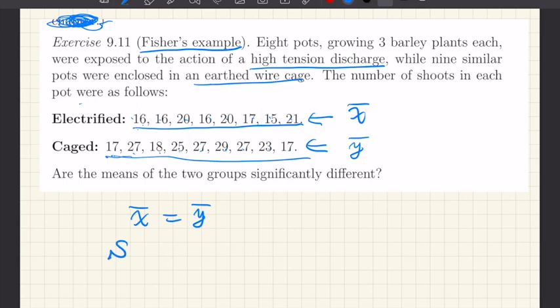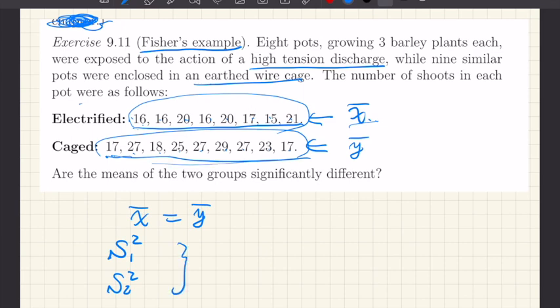We calculate S1 squared by adding the squared deviations from the sample mean of all these, and S2 squared, the sum of squared deviations from the sample mean of these samples.